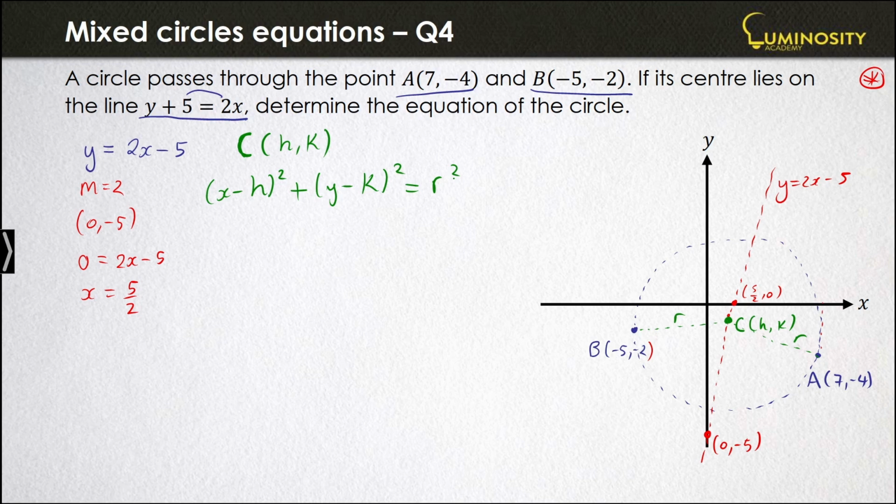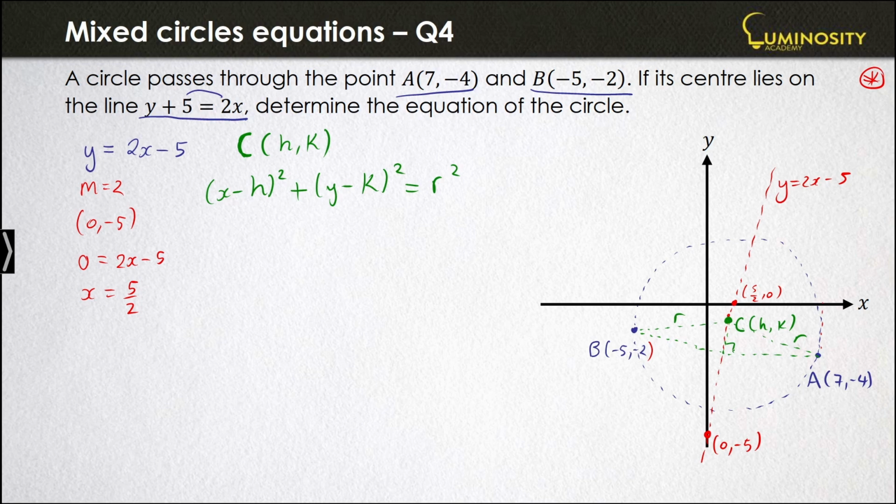So how can we now try and solve this equation? First things first, I'm going to try and look for the value of r first. And r I can find in 2 different ways: by constructing right-angled triangles towards that center point, or just using what we call the distance formula.